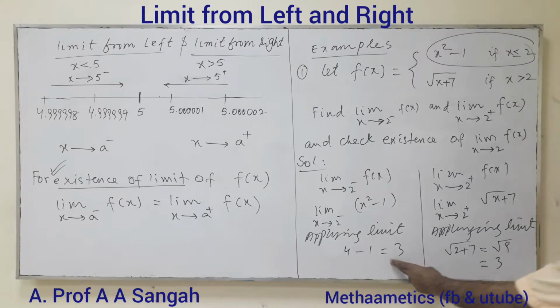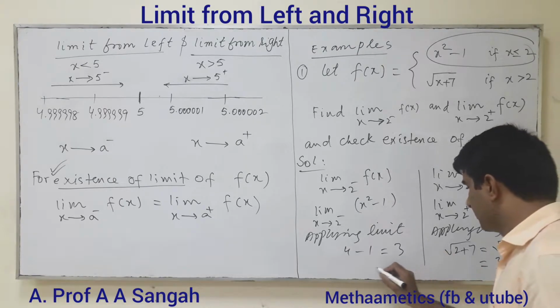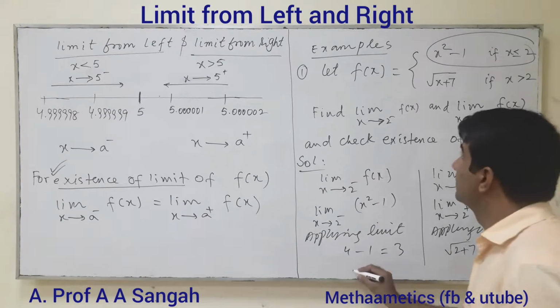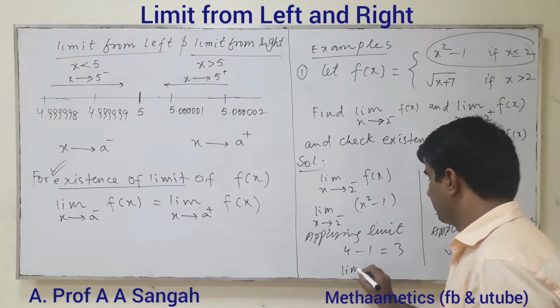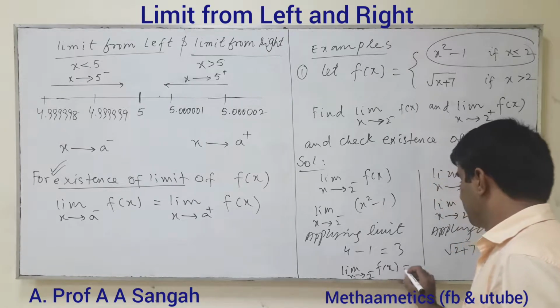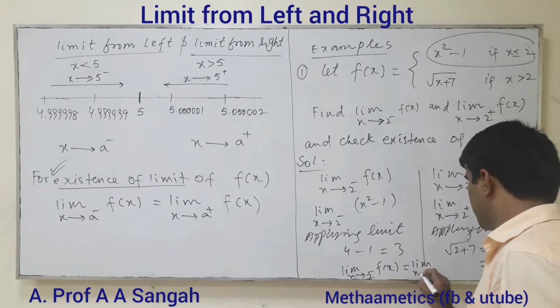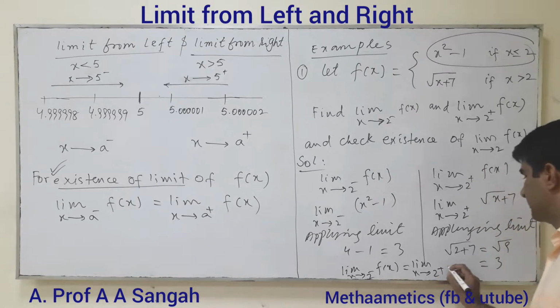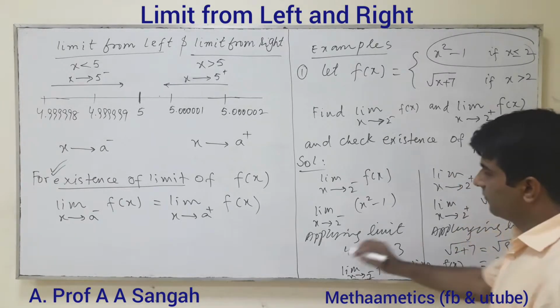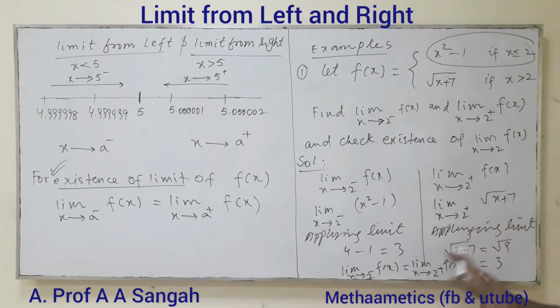So the limit from the left hand side and the limit from the right hand side are equal, so we can say that the limit of this function exists. The limit as x tends to 2 from the left equals the limit as x tends to 2 from the right of the function, they are the same. So we can say that the limit of this function exists.